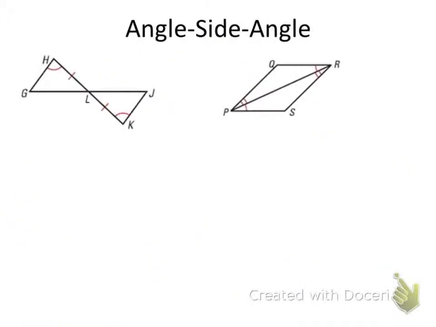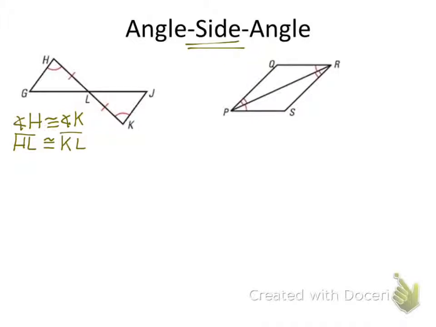Now we look at angle, side, angle. And the key thing with angle, side, angle compared to angle, angle, side, which we'll look at next, is the side needs to be between the angles, just as when we had side, angle, side. So we look at our first example. I have that angle H is congruent to angle K. I have that segment HL is congruent to KL.